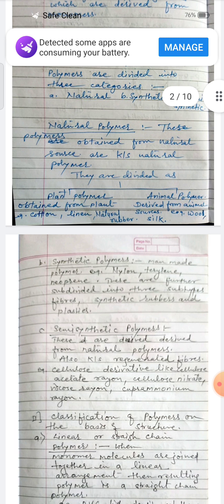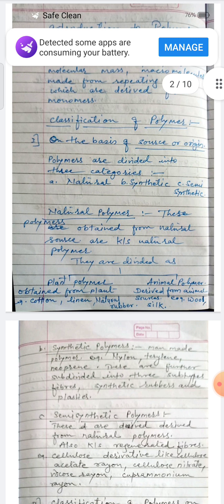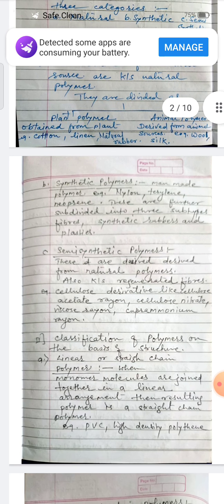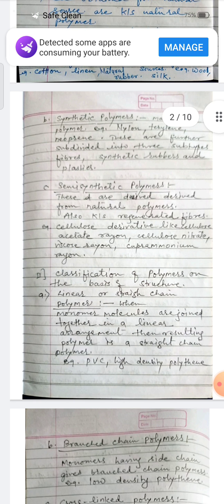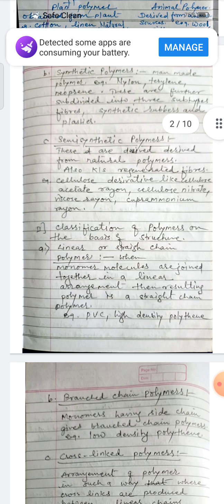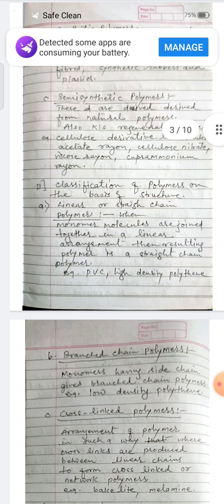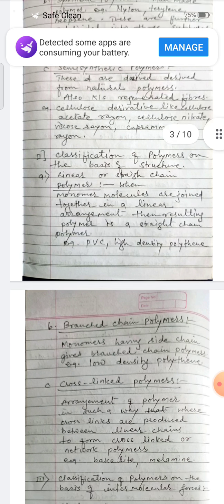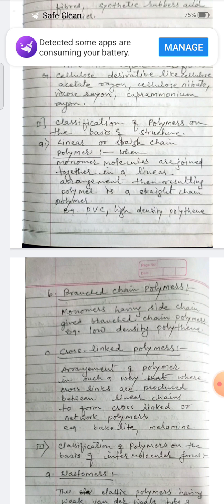So this is the first type of classification, that means on the basis of source of origin. The second type of classification of polymers is on the basis of structure. On the basis of structure, the polymers are classified as linear or straight chain, branched chain or cross-linked polymers.